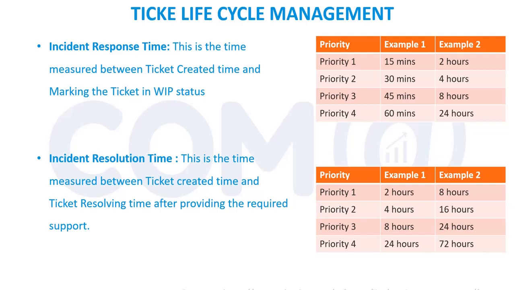So the ticket is created at 10 a.m. in the morning, and it is assigned to the group first, and then the queue manager assigns the ticket to person A. Another 5 minutes have gone, so 10:05. Person A may be doing other activity or troubleshooting.